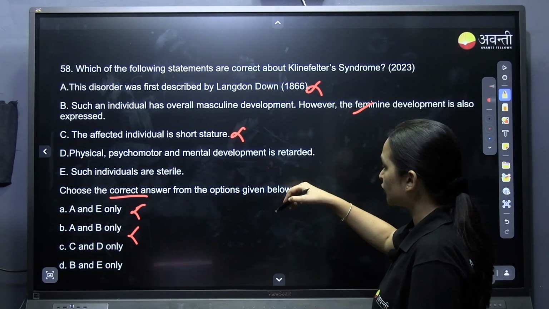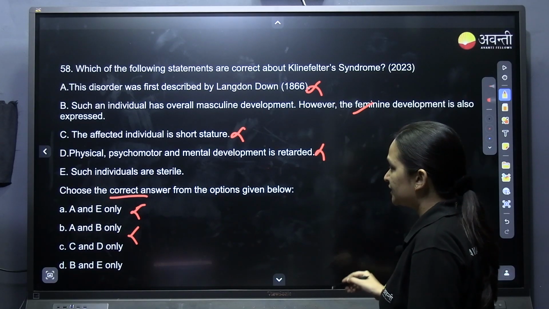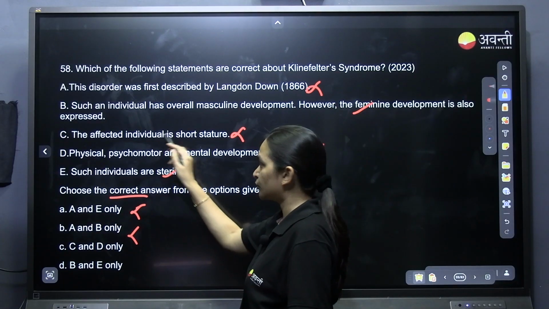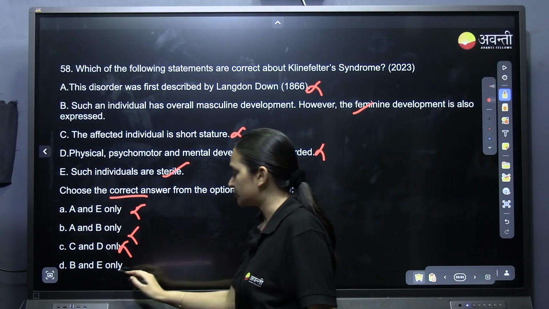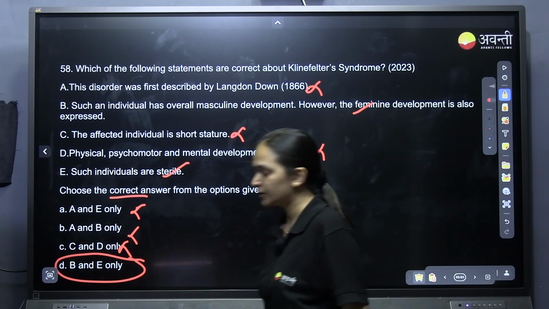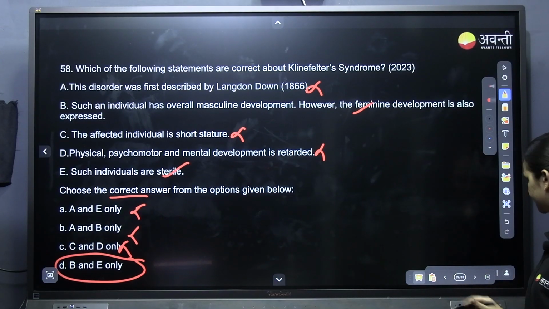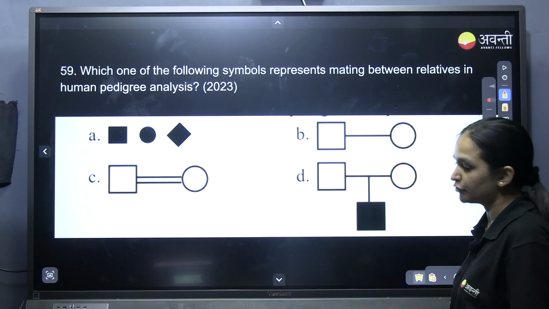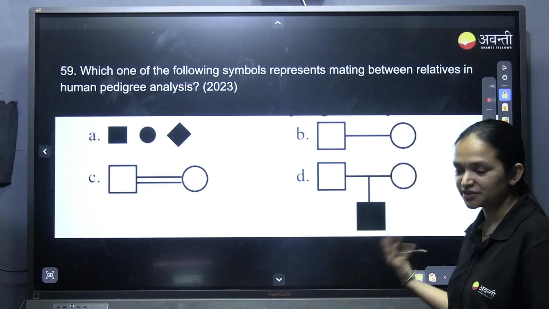No. Physical, psychomotor and mental development was retarded. Nothing like that. Such individuals are sterile. True. With this statement itself we can eliminate C also, so you need to go for these two. We got the answer. D for Delhi is the correct answer. The elimination technique helps a lot to save your time, and also to give confirmation whether the option you are marking is right. Double confirmation.